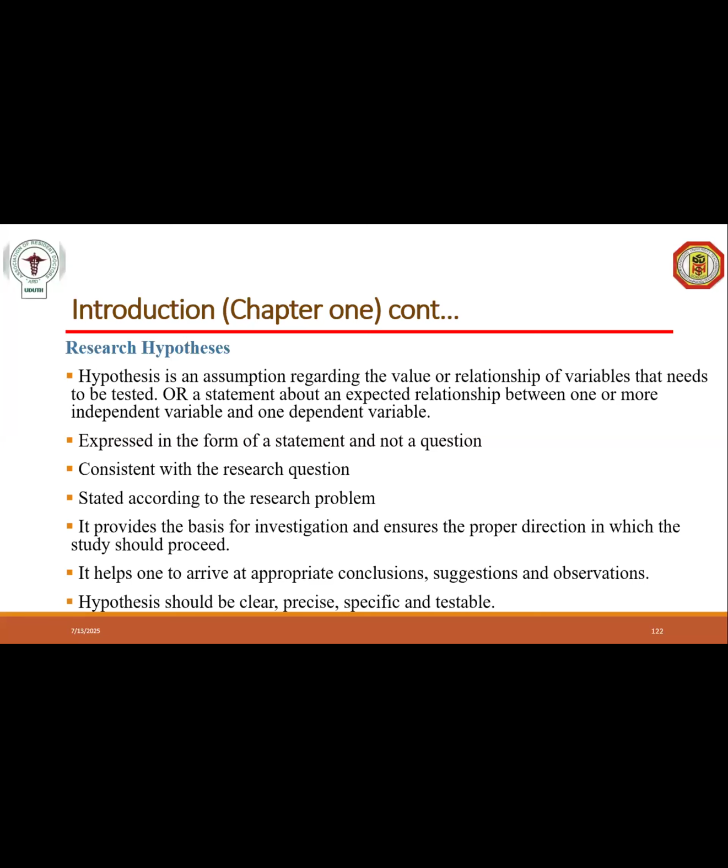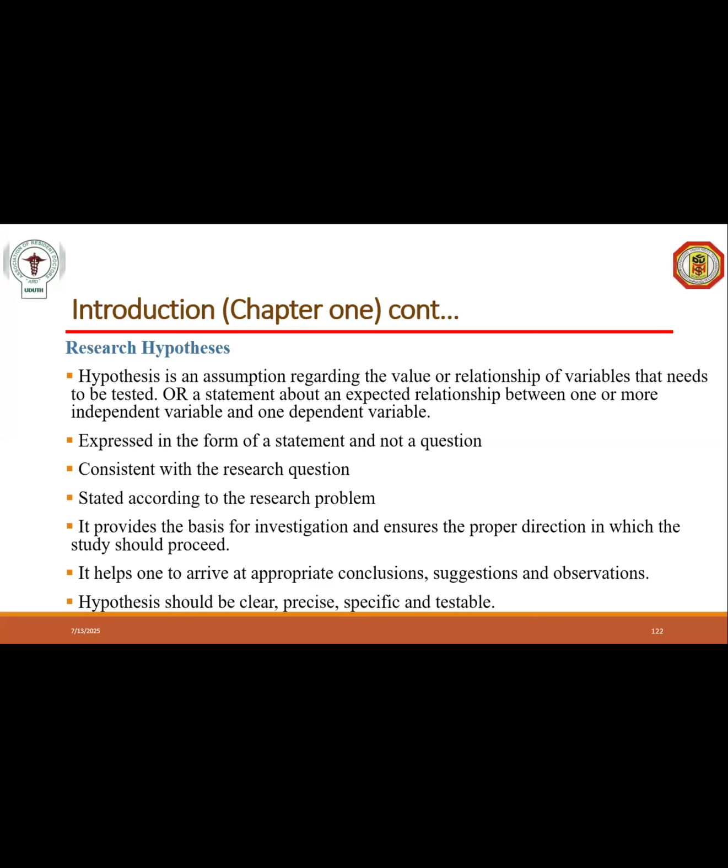So if an objective doesn't require any association, any relationship, then there is no need for a research hypothesis. For example, if you want to find the prevalence, the prevalence is just to state the frequency and the percentage.